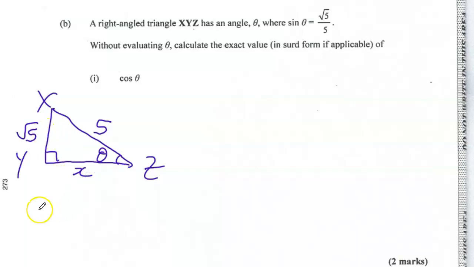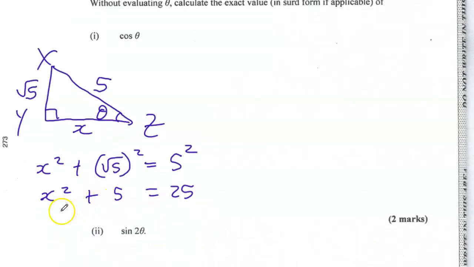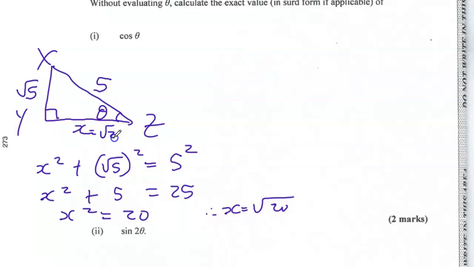So x square plus root 5 square is equal to 5 square. 5 square is 25. So x square is 25 minus 5, which is 20, which means that x is equal to root 20. Right, so this side is actually root 20.